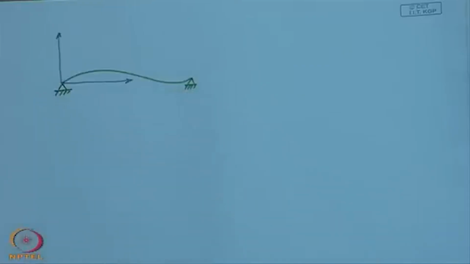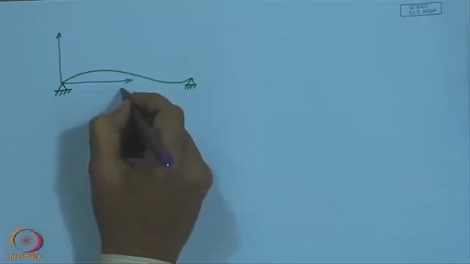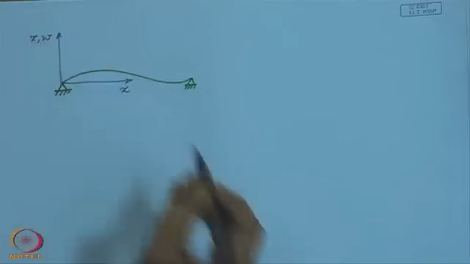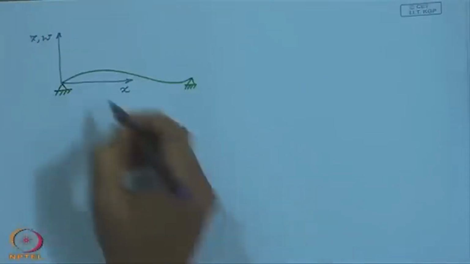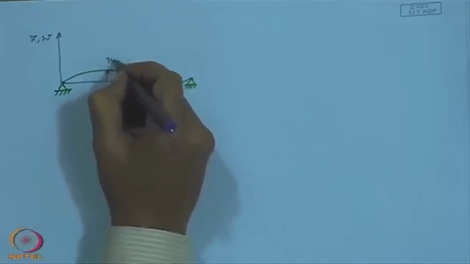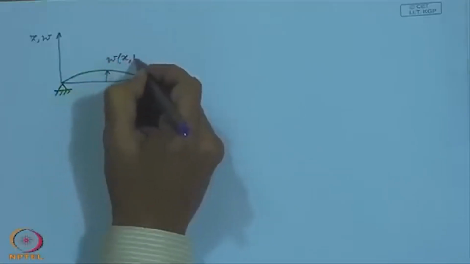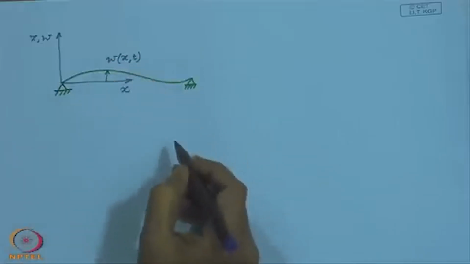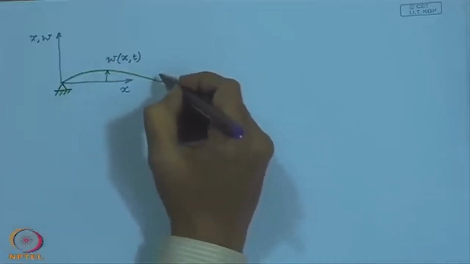So, here we have a string whose transverse displacement is represented by this field variable w.